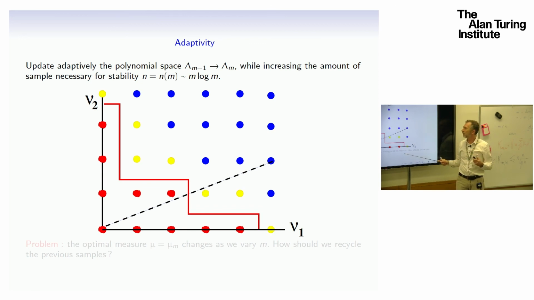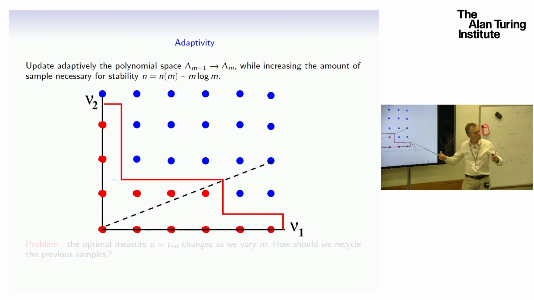So typically you look at some neighbors and some candidate degrees to increment, and have some kind of criterion. For example, in OMP, you match the residual with the new basis element to decide this is what we want to use in our new space. And you continue, okay? And you keep the number of samples necessary to get stability, so the optimal regime.